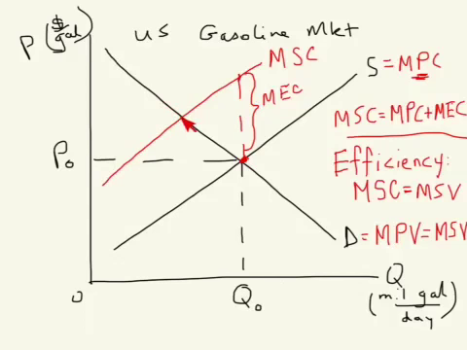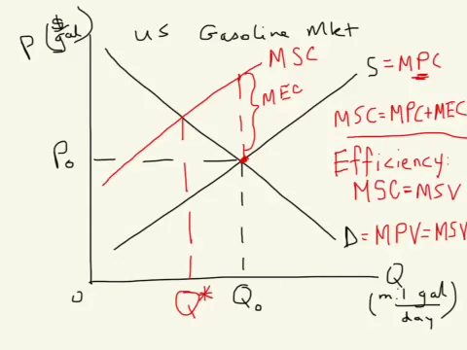But the economically efficient outcome is where marginal social costs are equal to marginal social values. That's right here. I'm going to go ahead and draw that. And I'm going to call that Q star. That's the right level of gasoline. That's the economically efficient level of gasoline.